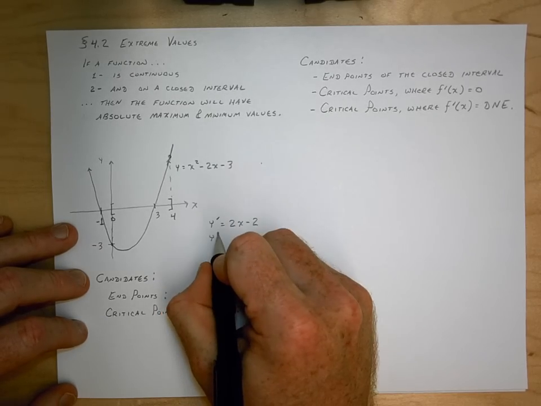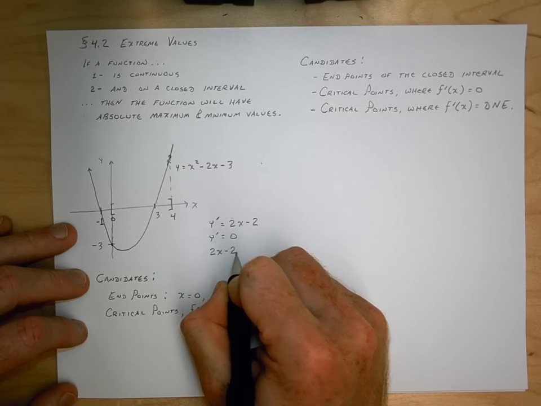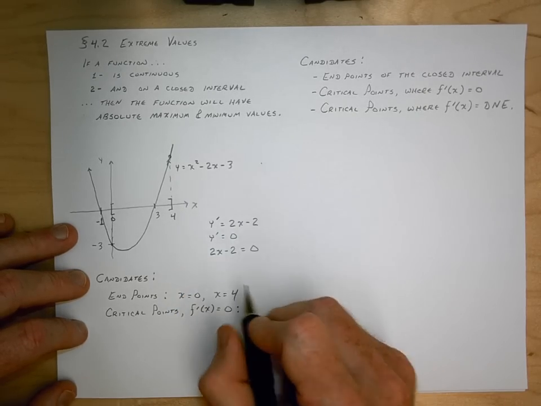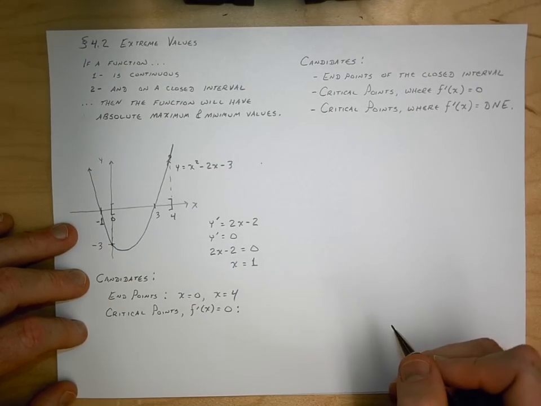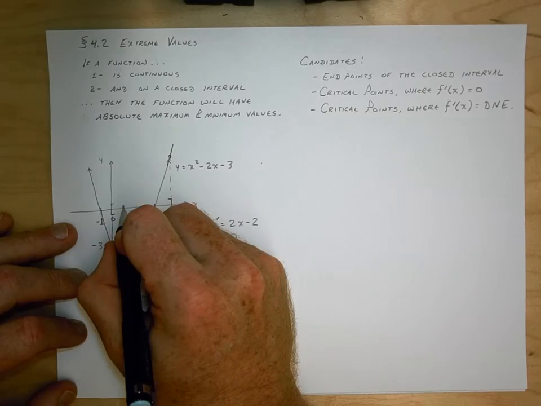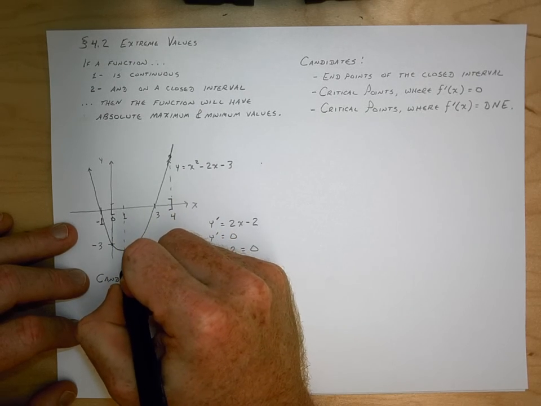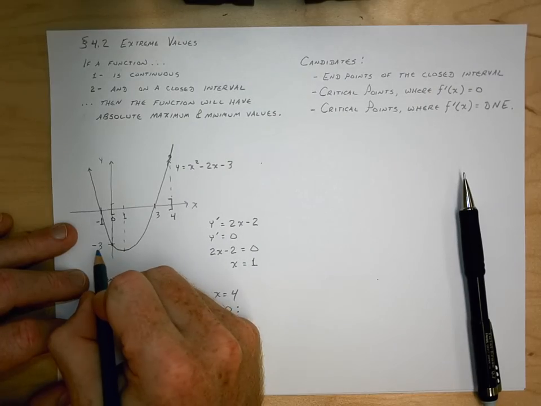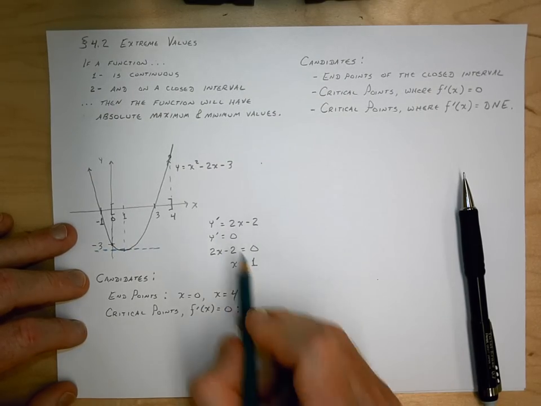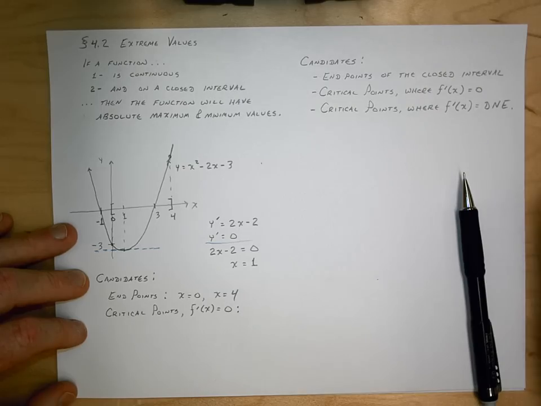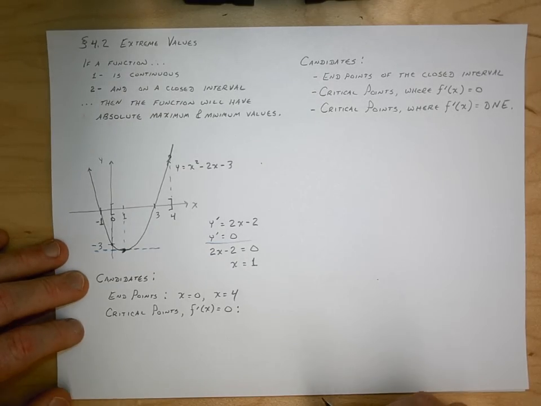If I set that equal to 0, that means 2x minus 2 is equal to 0. Do a tiny bit of algebra, and you find x equals 1. Well, sure enough, 1's roughly there. And if I trace that point down, you can imagine that I've got a tangent line right here where its slope is 0, which means my first derivative is 0. And so that's a candidate for being an absolute maximum, absolute minimum.